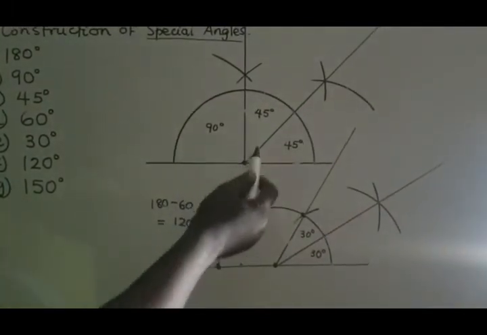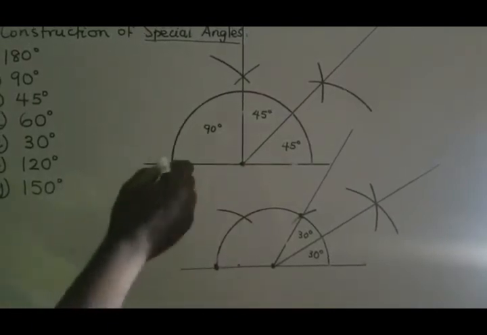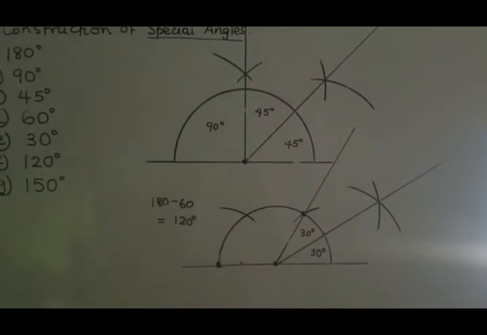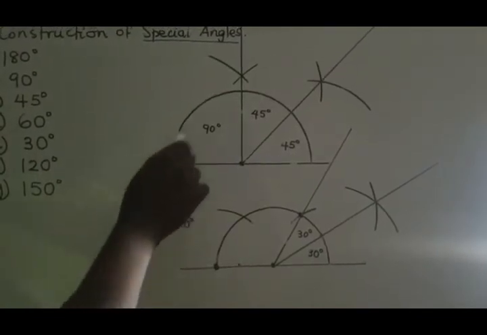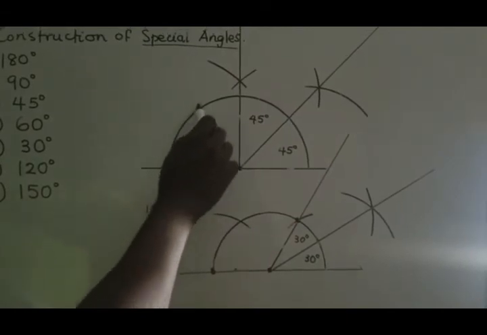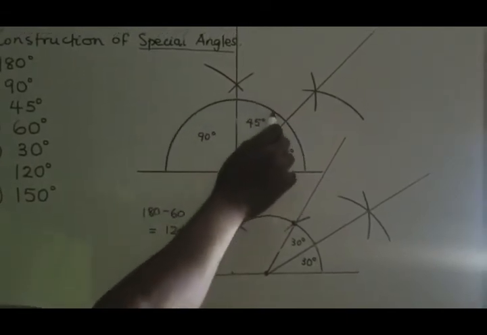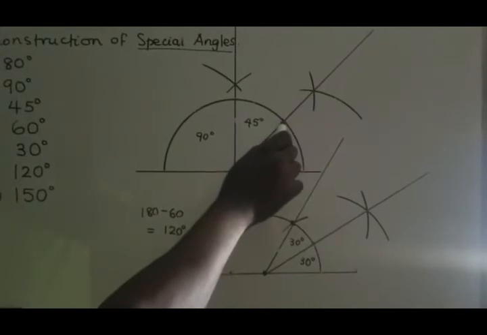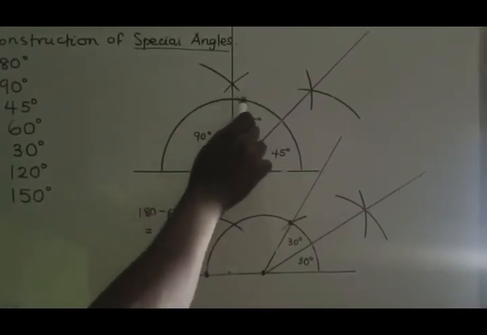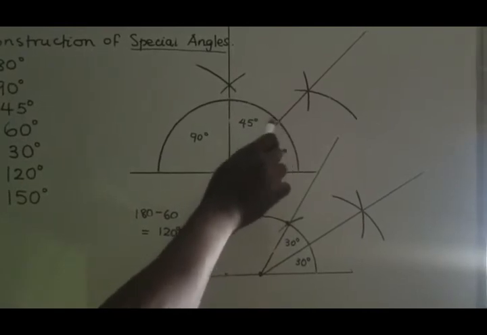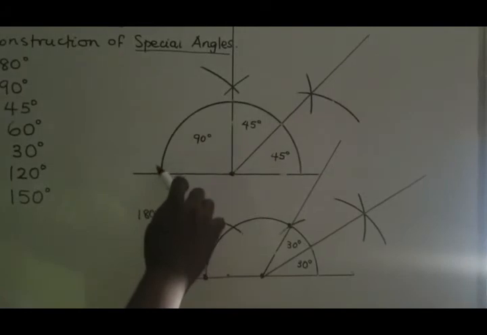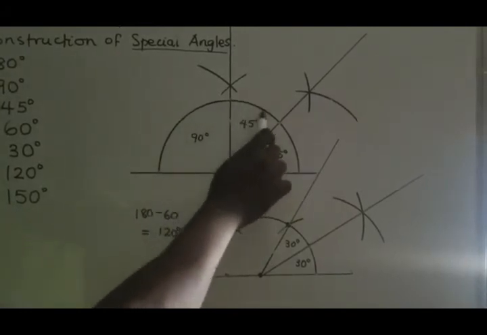Now let's come here and also do the same. From here to here, what is that? 90 degrees. Good. But if we turn like this and then we get here, what is the total now? That is 90, right? Plus 45. So if you add 90 to 45, what are you going to get? You're going to get 135 degrees.